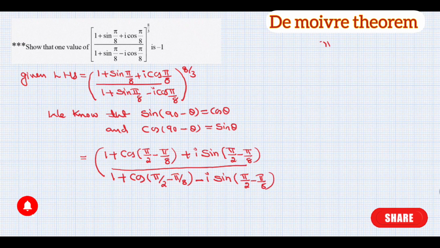Okay, we know that π/2 − π/8, take LCM, 8 is the LCM. Here 4π − π gives 3π/8.